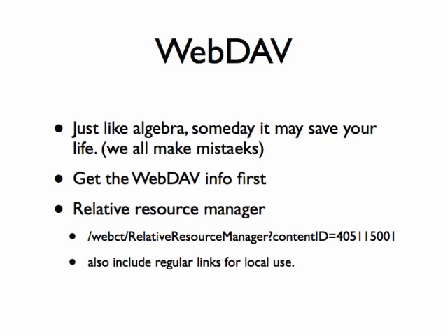It's a more efficient way of referencing your files. And then it's also good to put the regular links in for all those files, like your CSS files, if you're going to edit it in Dreamweaver locally.